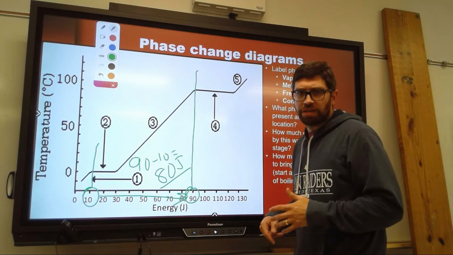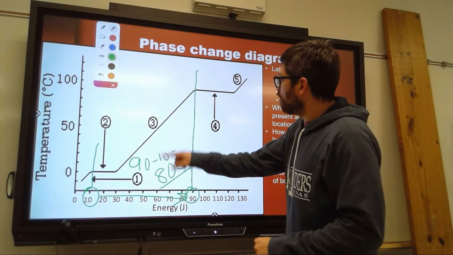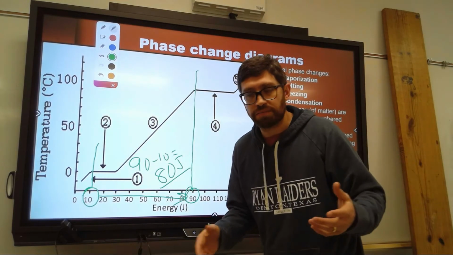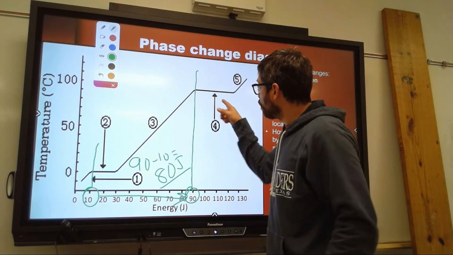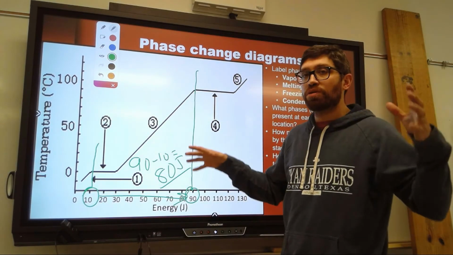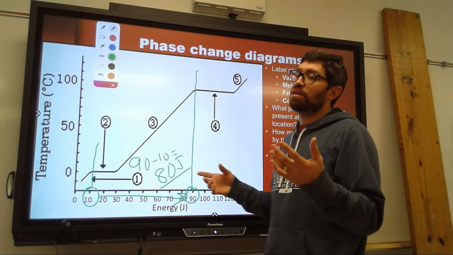I want you to notice something here. I'm going to pause for a second. We're going to answer the third question in a minute. 1, 3, and 5, those are the only places where the temperature is increasing. 2 and 4, temperature is not increasing. Because here's what's going on in this graph. Only one of 2 things is happening at any one time.